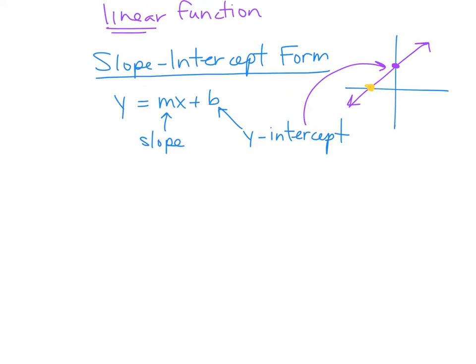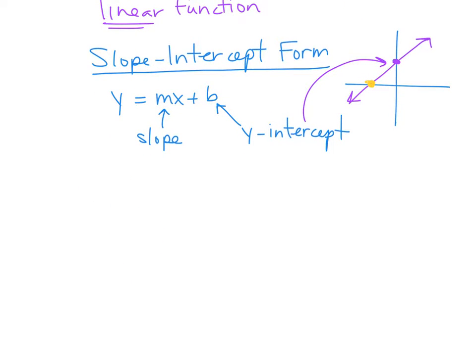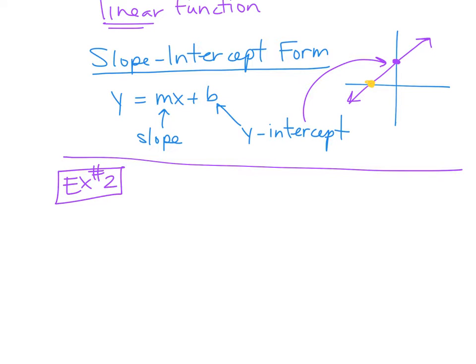Okay, so we are going to do a little bit of writing equations in slope-intercept form. This is example 2. We are going to write the equation, I'm going to do EQ for equation, of the line in slope-intercept. I'm shorthanding that too, okay?